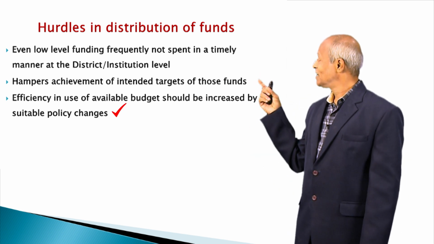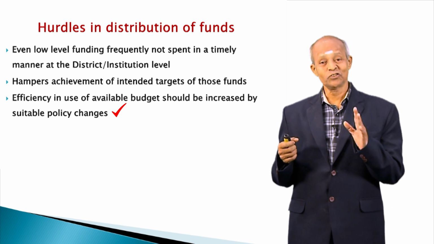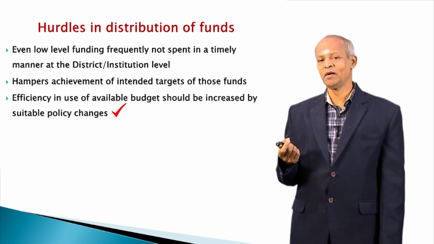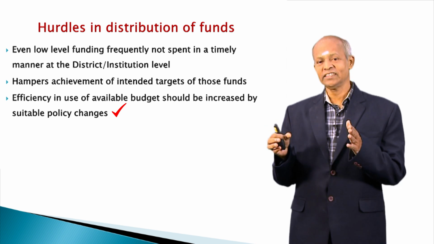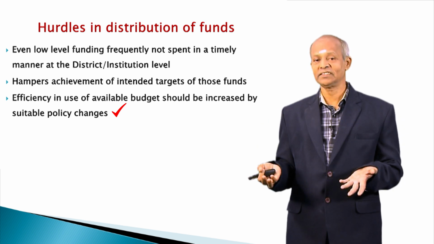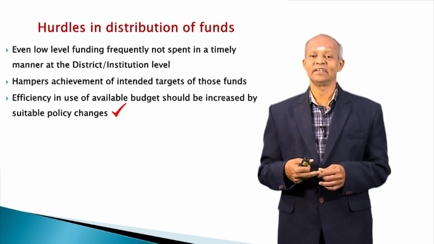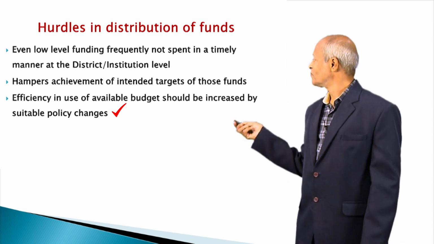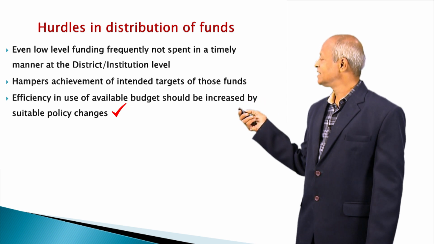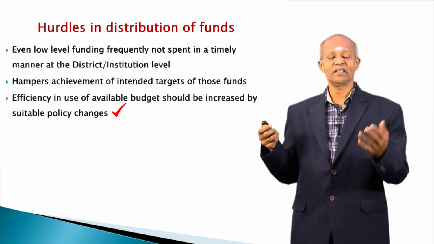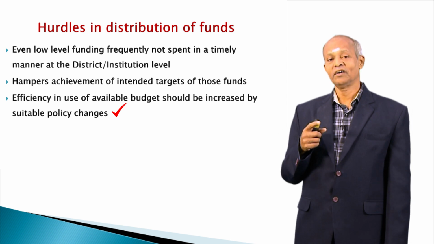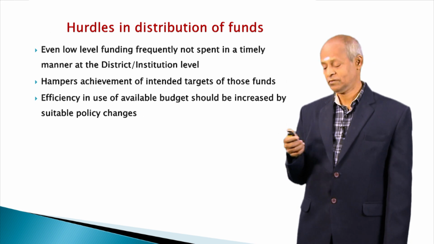And then the efficiency, because it has to be used efficiently. If only 10 rupees are to be spent and I am spending 20 rupees, then naturally it is not efficient. Therefore, efficiency, timeliness and achievement of the target are the major hurdles in the funding of education.